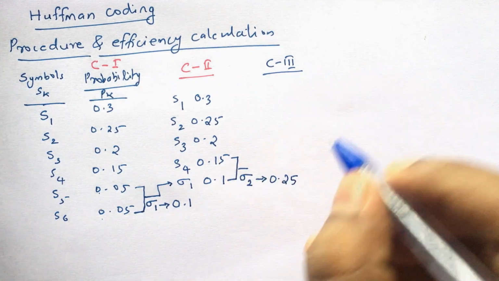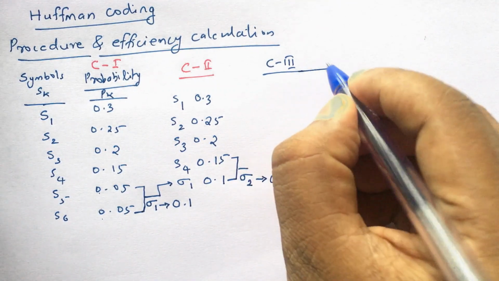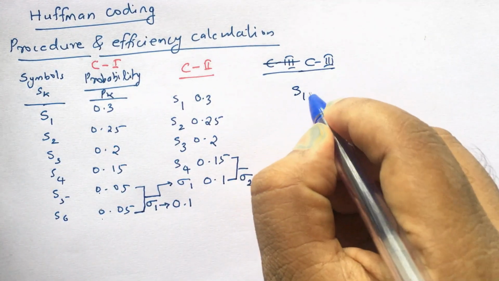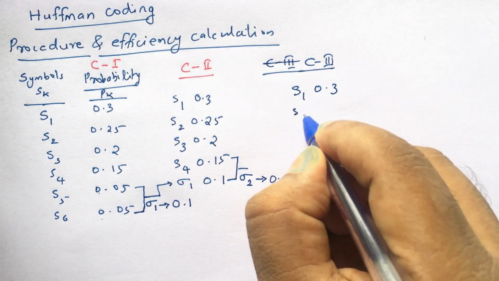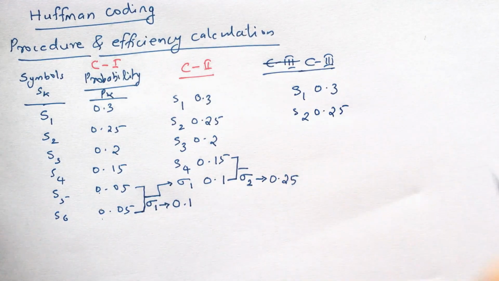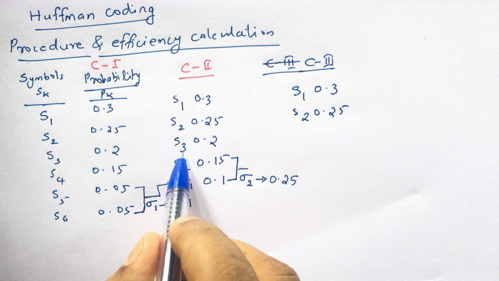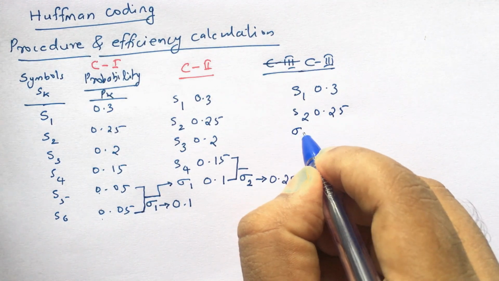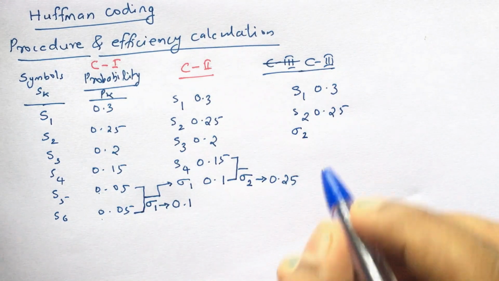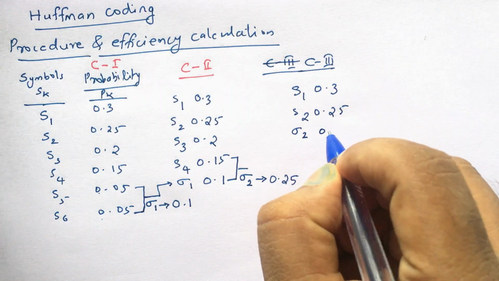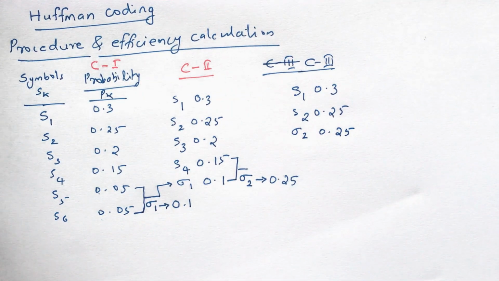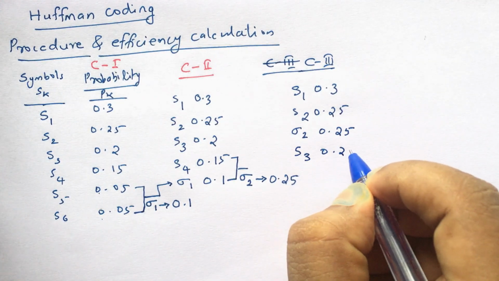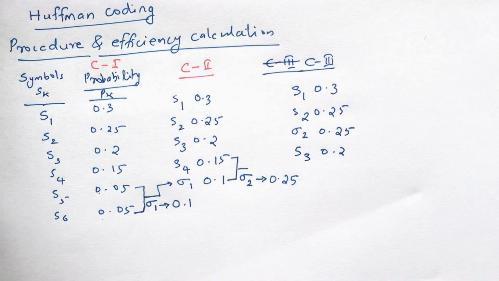So I can generate column 3: S1 of probability 0.3, S2 of probability 0.25, then S3 with probability 0.2. But we have the new symbol sigma 2, which has a higher probability than S3, so we write it before S3 in order to maintain the rule that the symbols should be arranged in the decreasing order of their probability.